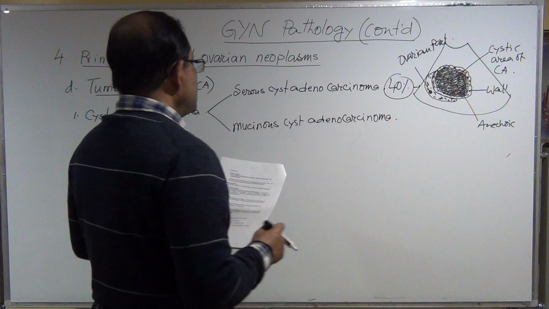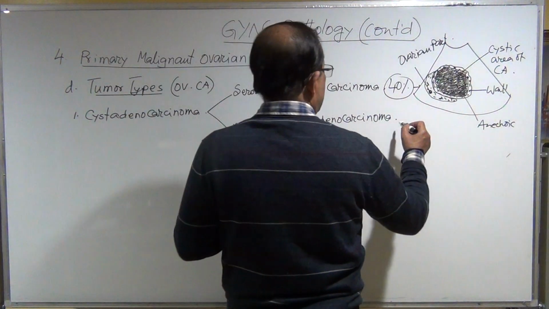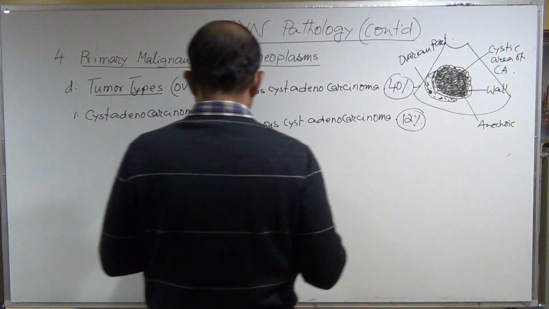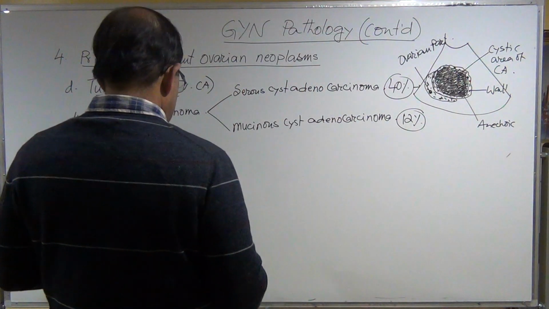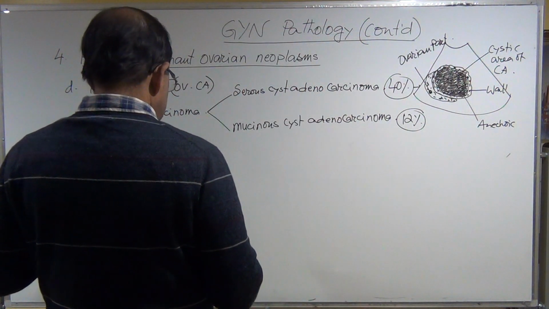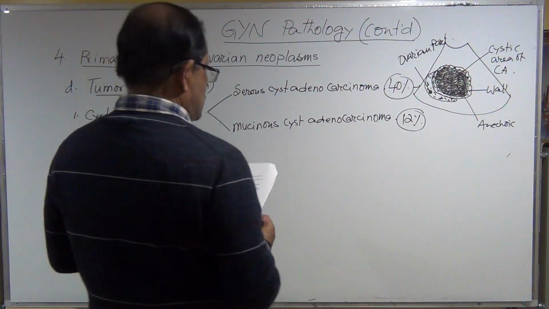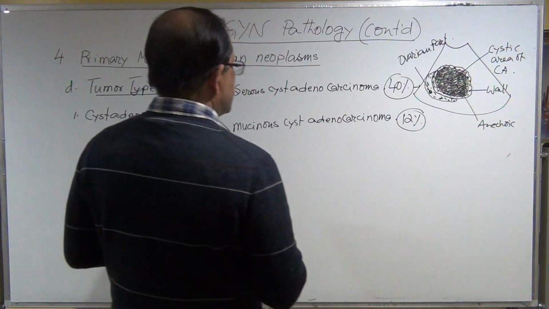And the mucinous cystadenoma is approximately 12% of the cancer, and these tumors can reach a size of 20 to 30 centimeter.